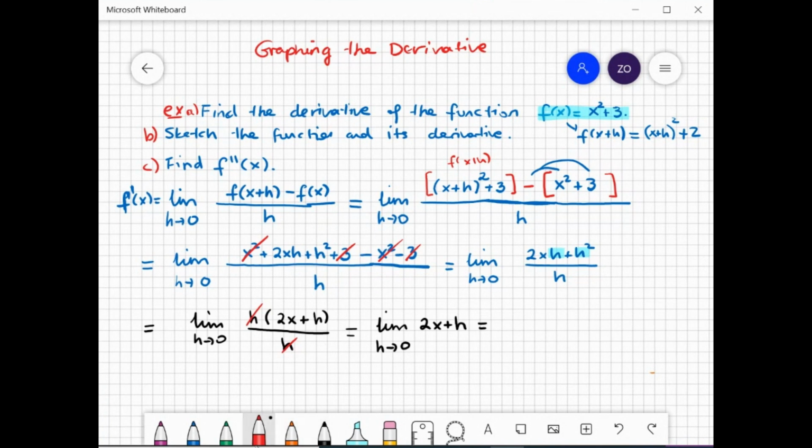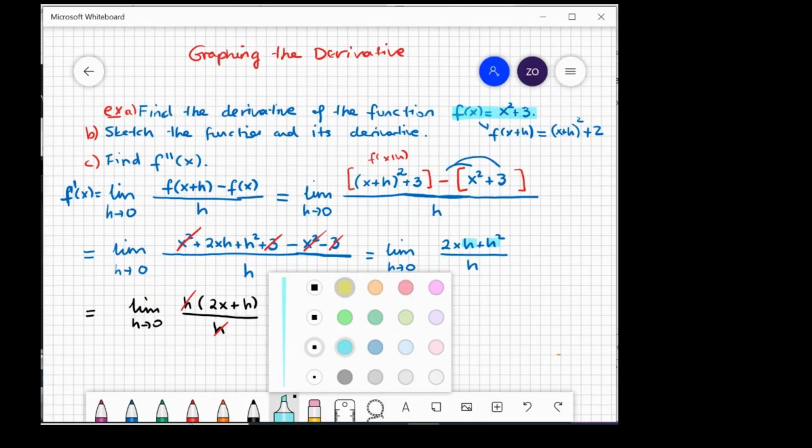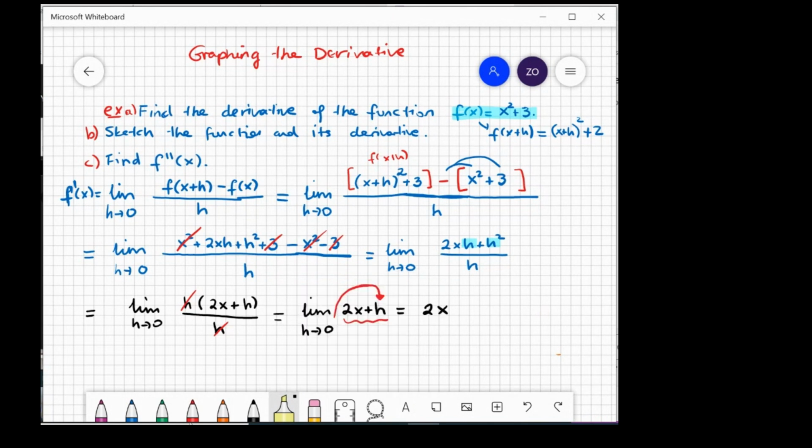We can just evaluate this expression at h equals 0, right? So we can simply plug in h equals 0. What happens then? We find 2x plus 0, which is simply 2x. So what did we find here? We found the derivative of the function f.